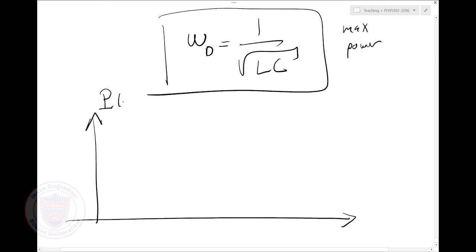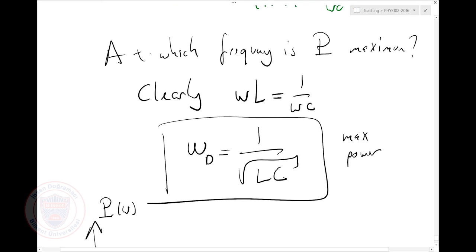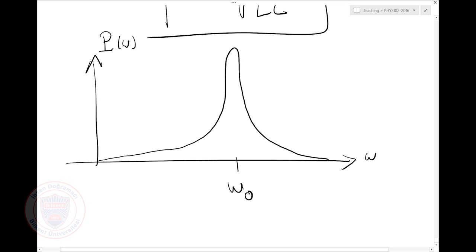Actually, I can do the following. I can plot power as a function of frequency here. This function basically. What we will find is that it's a narrow peak around omega 0.